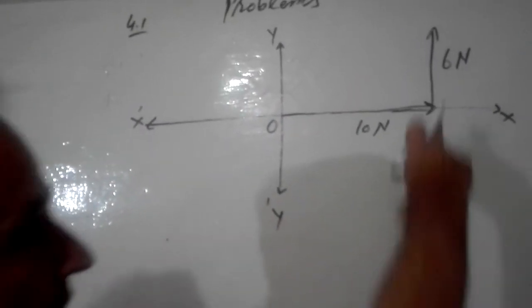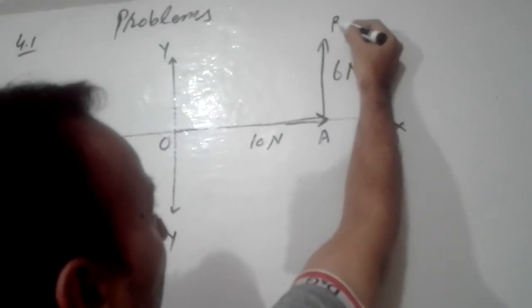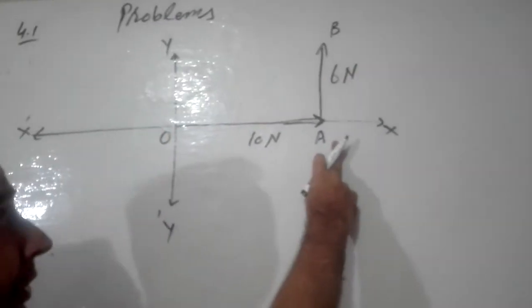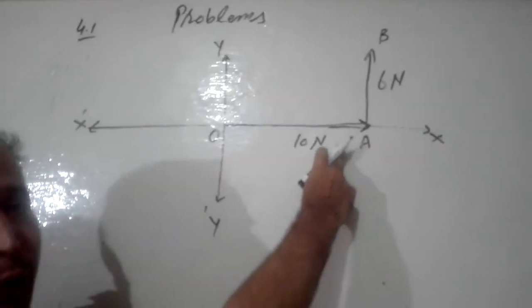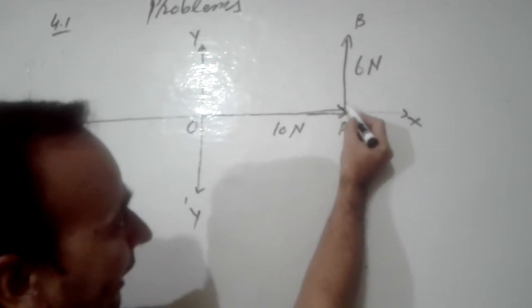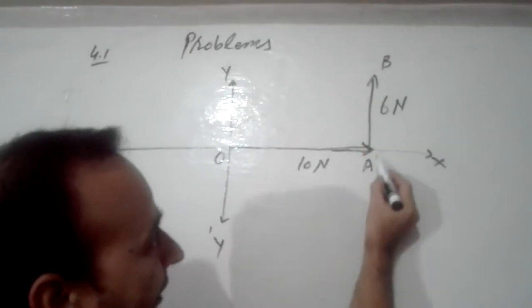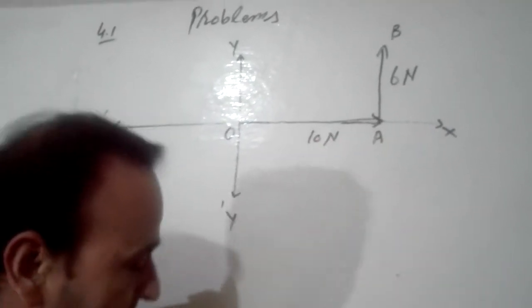Magnitude of this is 6 Newton. You can name this point B. A you have already written, B is the end point of this. So notice, according to the head to tail rule, the head of the first vector coincides with the tail of the second. This is the second vector AB.